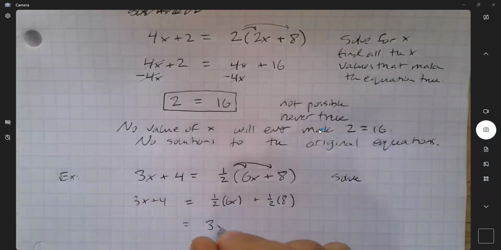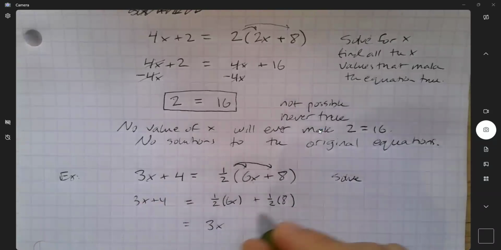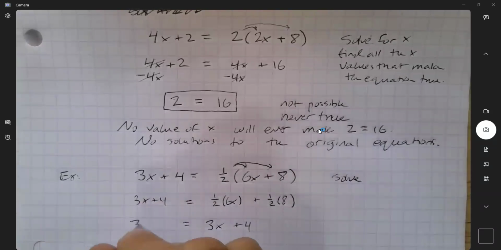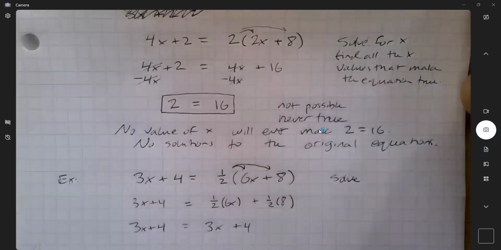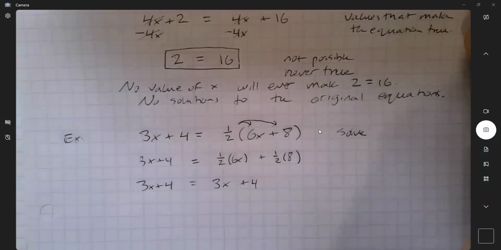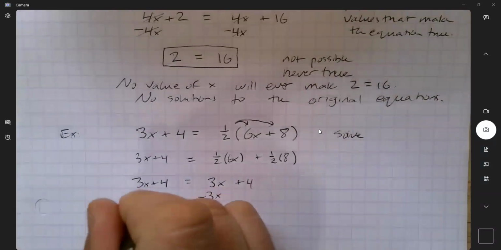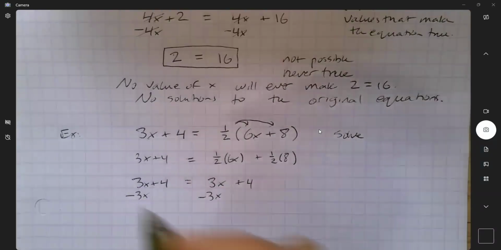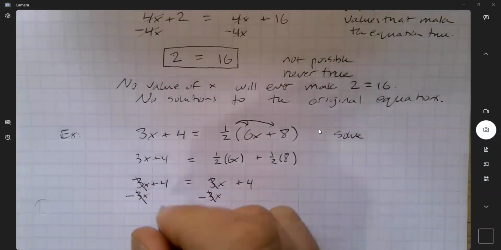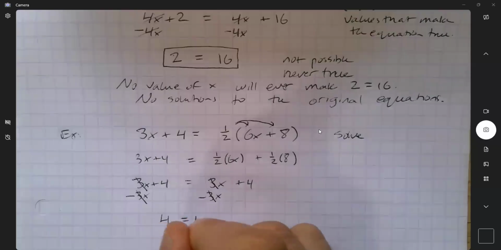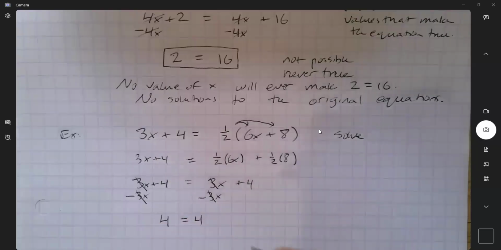And 1/2 times 6x is 3x, and 1/2 times 8 is 4. And maybe you can see where this is going. I've got an equation that looks the same on both sides. So when I subtract my 3x, and they cancel, I end up with the mathematical statement that 4 equals 4.